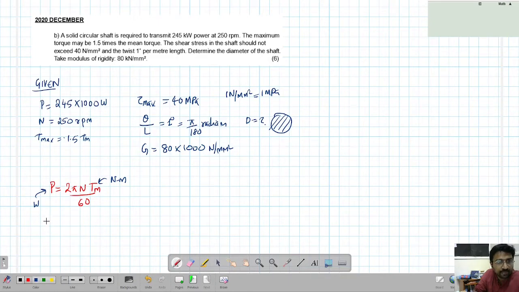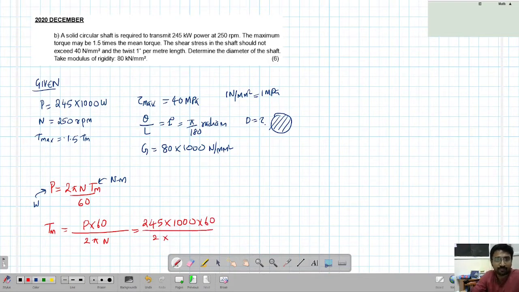Mean torque is nothing but P times 60 divided by 2 pi n. So this is nothing but 245 into 1000, the power in watts, into 60 divided by 2 into pi into n.